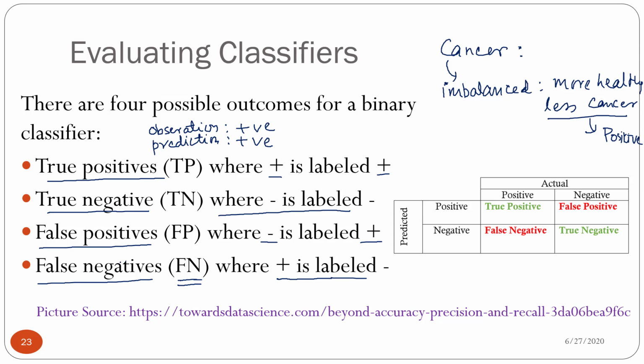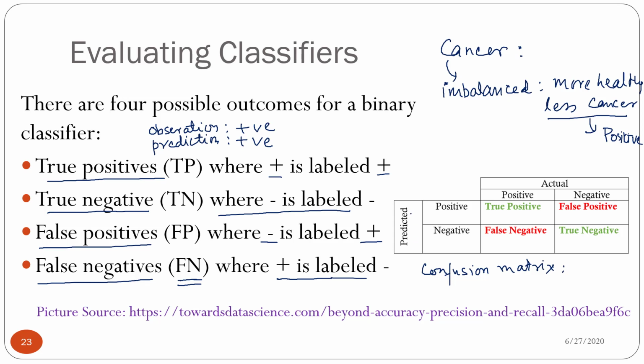All these four parameters, which we can compute on the basis of the performance of the classifier on the tested data, can be tabulated right here. What you're looking at here is called the confusion matrix. Why is this called a confusion matrix, and what do we have here? If you look at this column here, it is about the predicted.